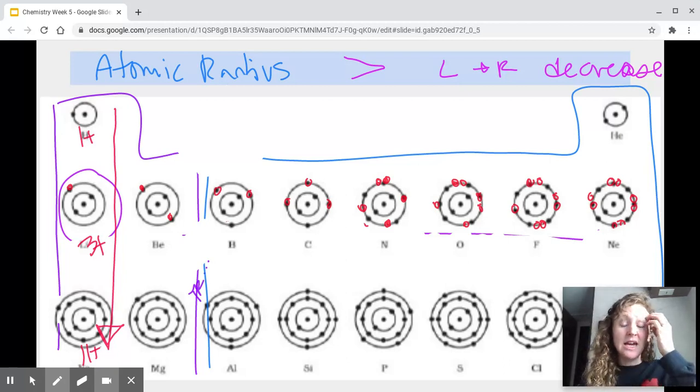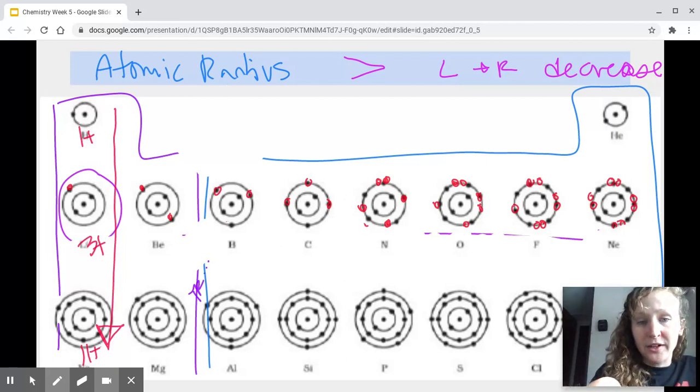So notice that going top to bottom, energy levels is also changing. Hydrogen has 1, lithium has 2, sodium has 3. So the distance between the nucleus and the outermost electron is being forced to change as energy levels get added that push these electrons farther and farther away.